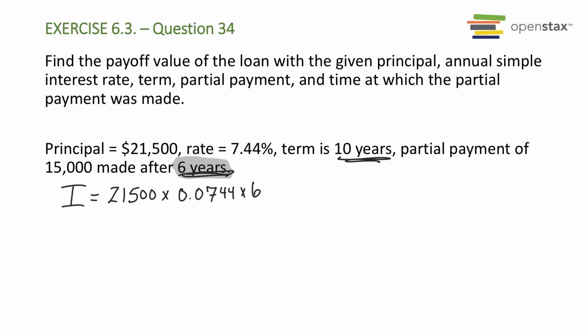And so if I do $21,500 times 0.0744 times 6, then that's going to be $9,597.60. And that is just the interest that has accumulated on this simple interest loan after 6 years. So what's going to be the payoff amount?